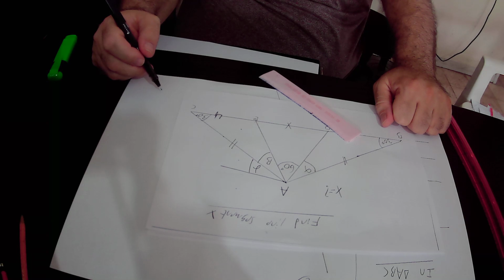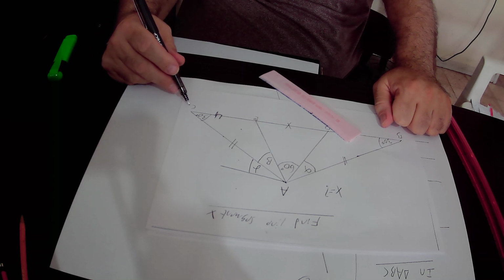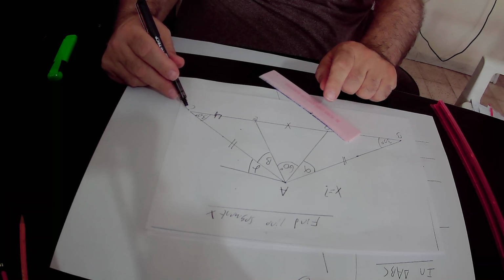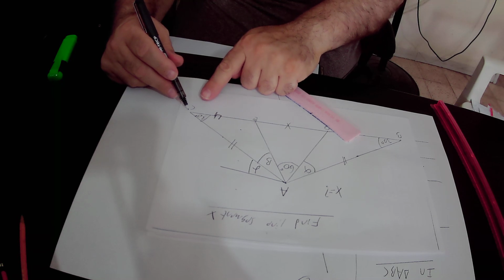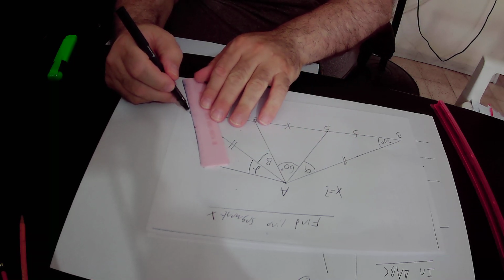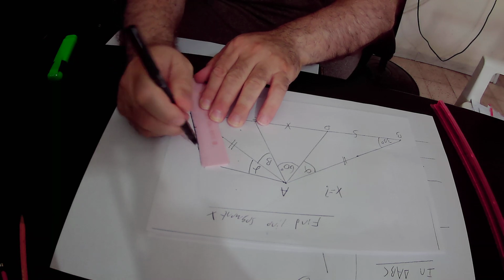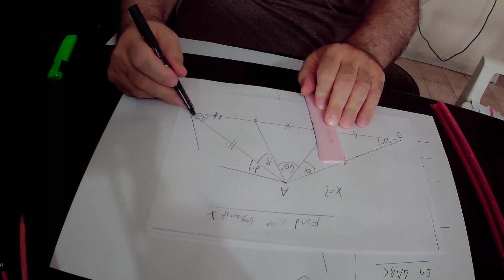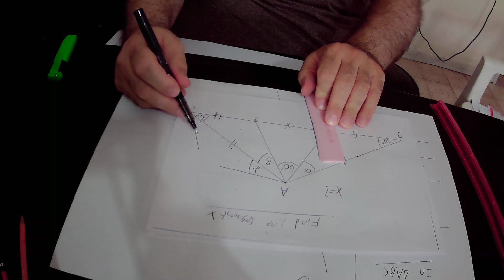The second construction that we will do is from point C, we'll draw a straight line in such a way that side AC will create an angle of 30 degrees with the straight line.